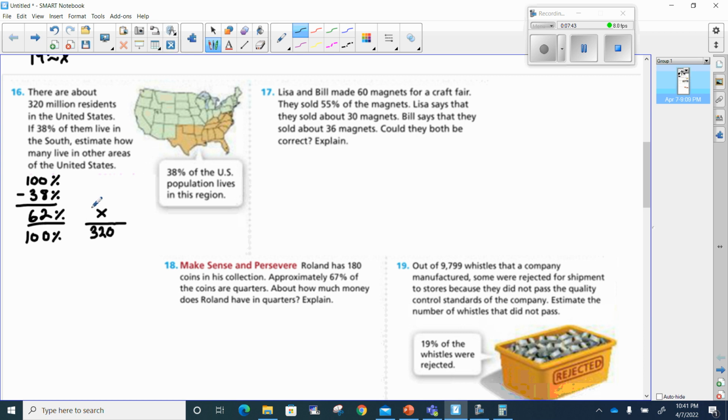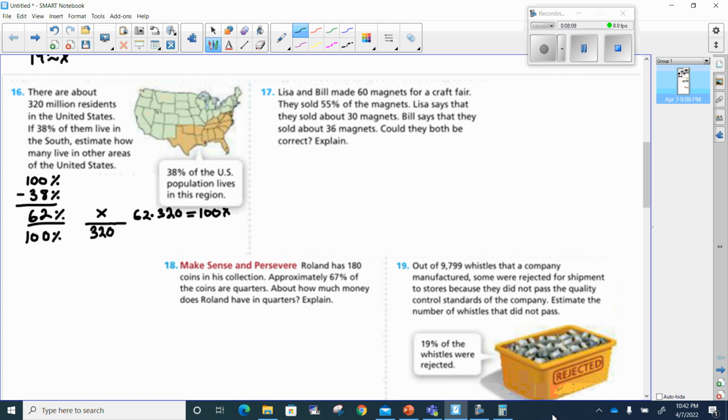I'm trying to find out what percentage of that 320 million will be 62. This is going to set up the equation: 62 times 320. Let's remember this is million we're talking about. Has to equal 100 times x.